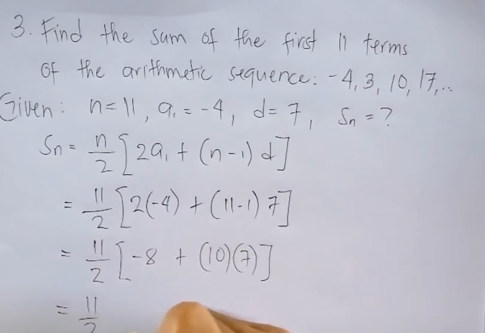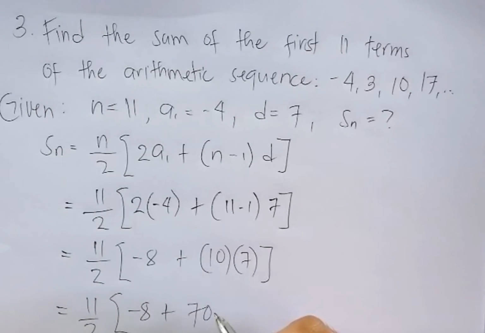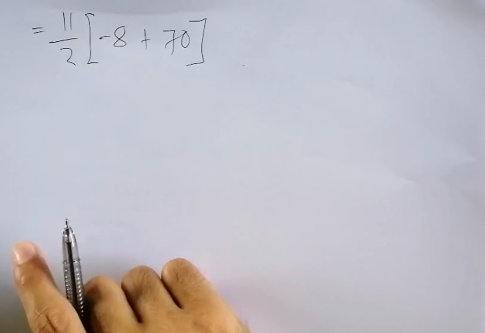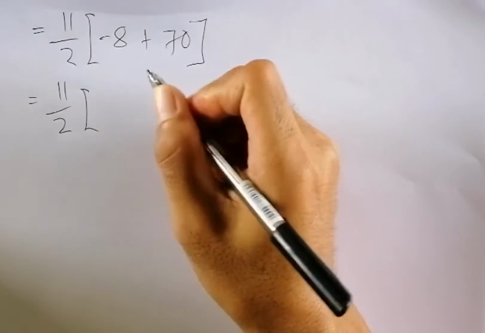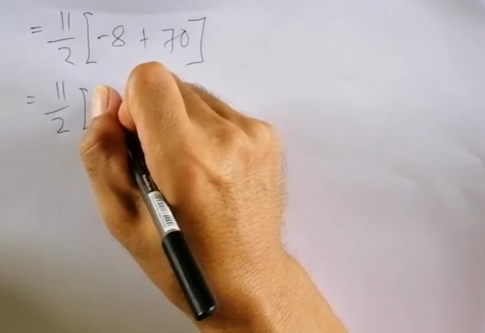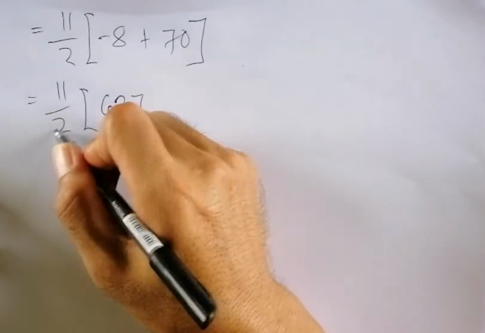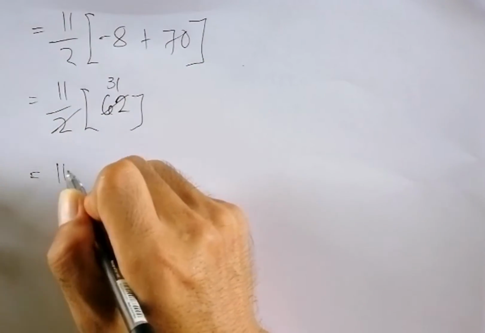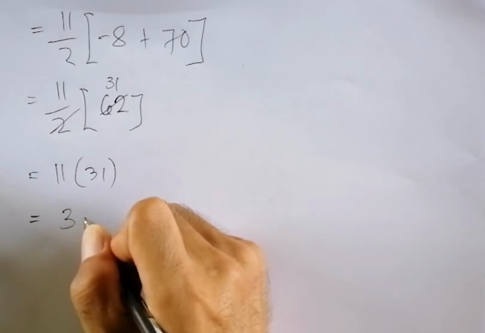It's 11 over 2 times negative 8 plus 70, that is equal to 62. 62 divided by 2 is equal to 31. We have 11 times 31, so that is equal to 341.